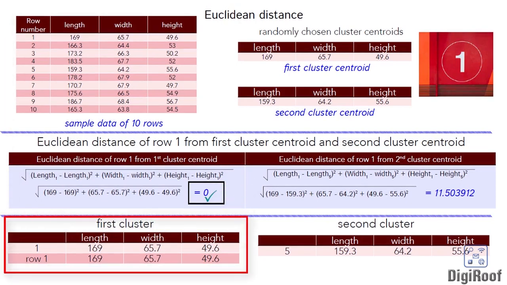We need to update the cluster centroid since cluster 1 now has two elements. One is the initial cluster centroid and second is row 1. This is done by calculating the average of length, width and height of the initial cluster centroid with the respective length, width and height of row 1.